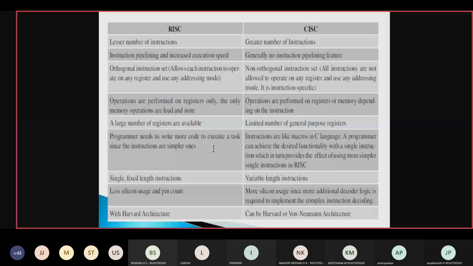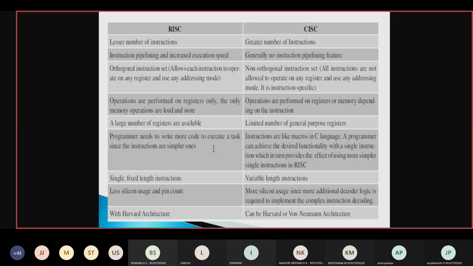Next, a large number of registers are available in a RISC computer. For example, the 8086 processor has a maximum of 16 registers, let us take. Whereas if I go for the MSP430, we have a very large number, approximately 30 to 40 or even about 60 different types of registers available, because MSP430 is one of the RISC type microcontrollers.